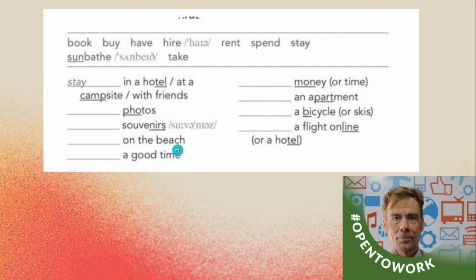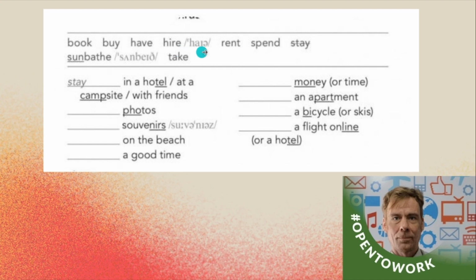On the beach. So this is a tricky one. This verb is usually new for most students I teach it to, but it's easy to figure out because it's probably the most unfamiliar verb here. So it's not book, because book means to make a reservation. It's not buy, because that has been done for you. It's not have.